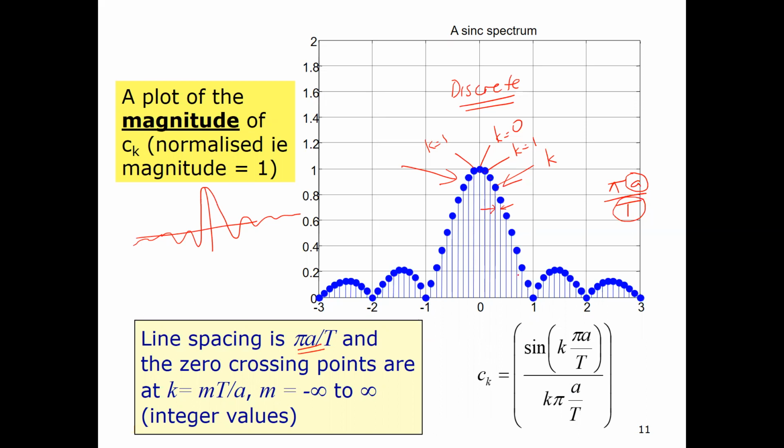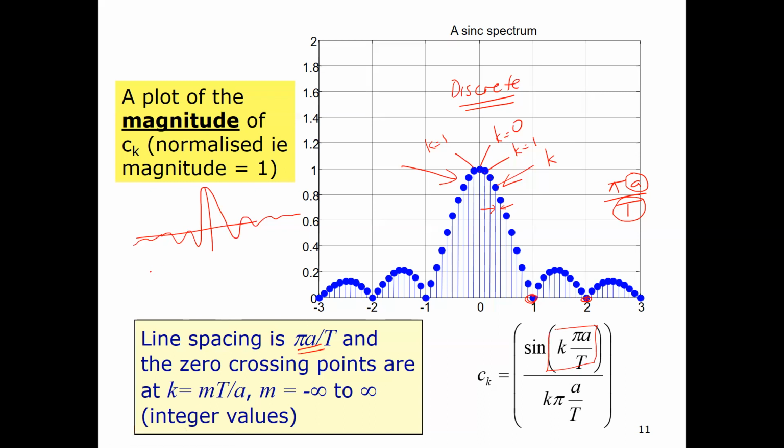The other thing is these points here, the zero crossing points. The zero crossing points occur at the points where this particular bit is zero.